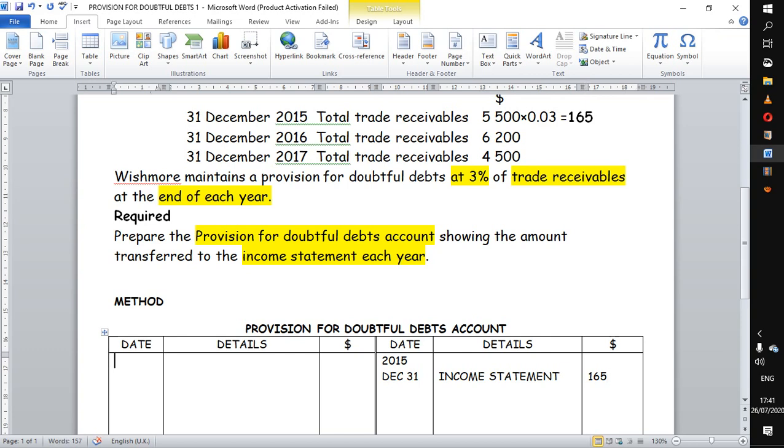So on that day again, we balance our account. We know how to balance our accounts. It should have what is called a balance carried down on this side for the two sides to be equal, of the same amount, 165. Right, so basically we then put our totals.